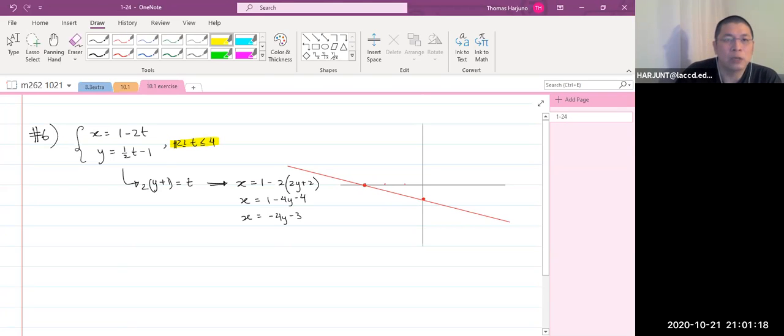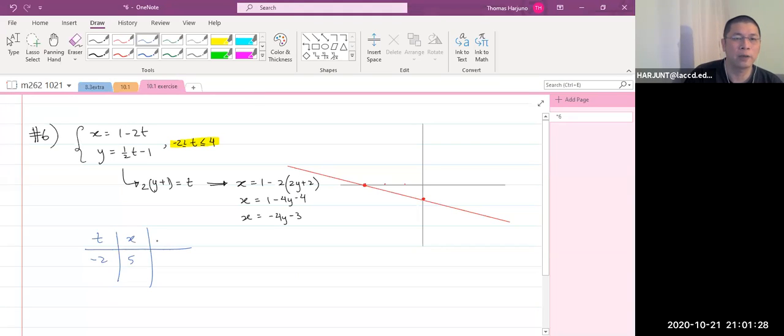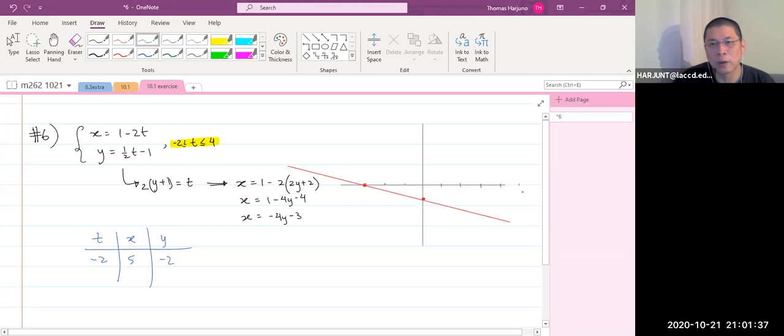Okay, so let's see, when t equals -2, where is that located? x equals 5, y is -2. 1, 2, 3, 4, 5. That's when t equals -2.